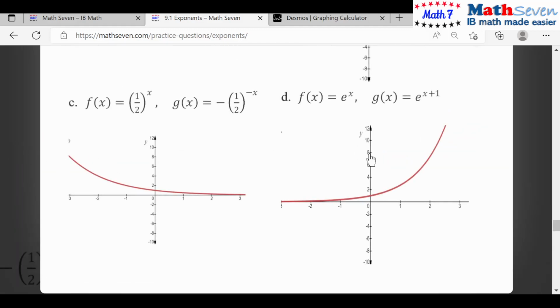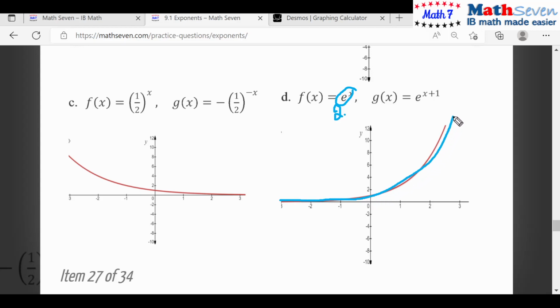Now for this one, again you have e to the power of x. e is 2 point something, right? So this one is above 1, so it goes up like this. This is how the exponential function increases. But now you are adding 1 to the x, not to the whole function, so this is a horizontal shift of 1 unit to the right.